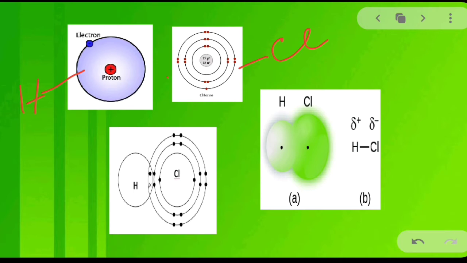So, when both of them form the bond, both of them share one electron to attain their stability. And the pair of electrons shared by them is known as the bond pair or shared pair. This is the bond pair electron, or you can say this is the shared pair electron.